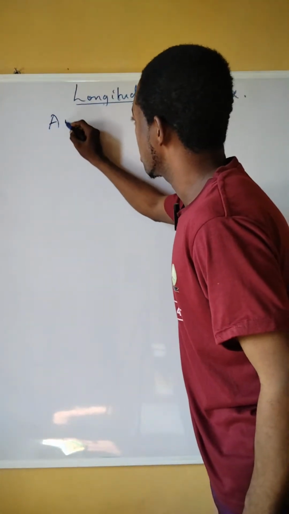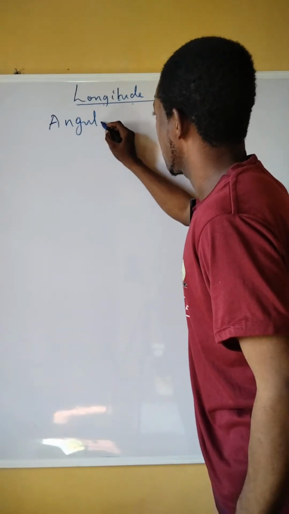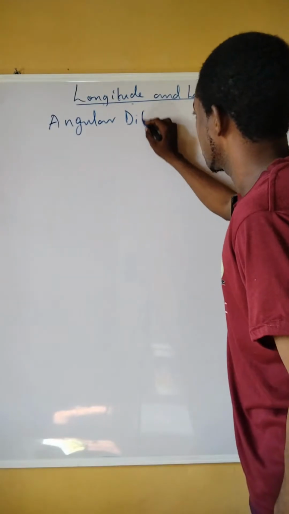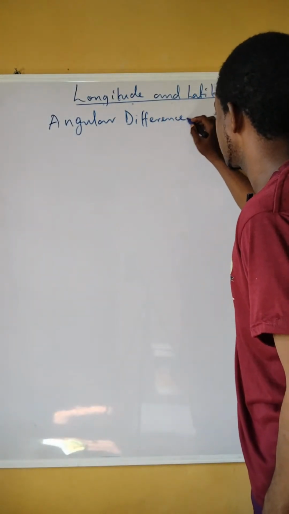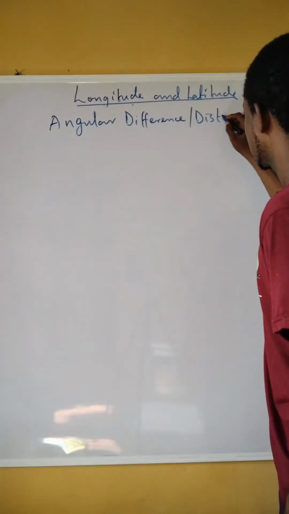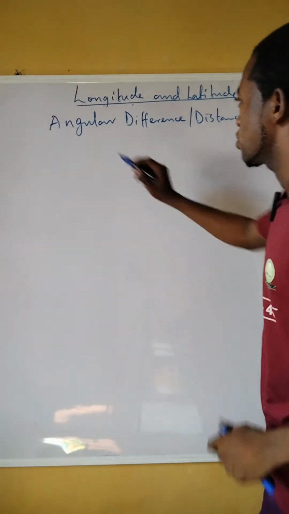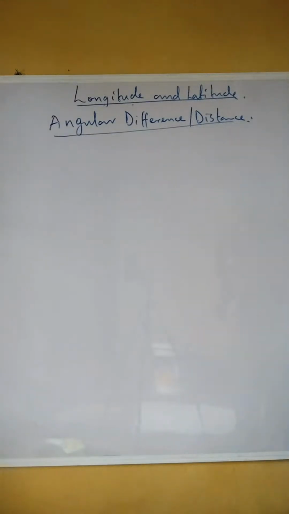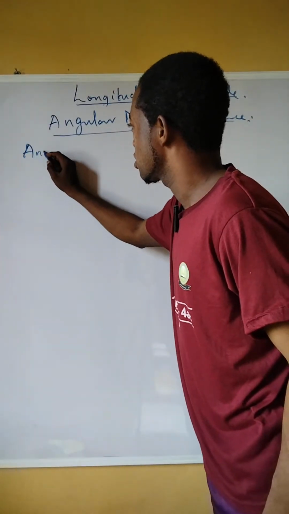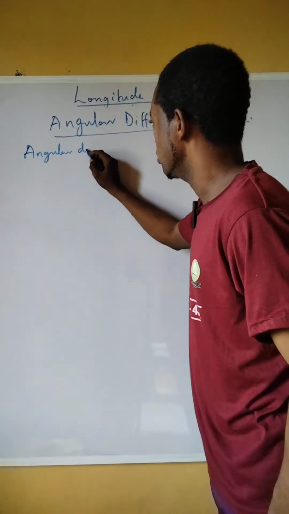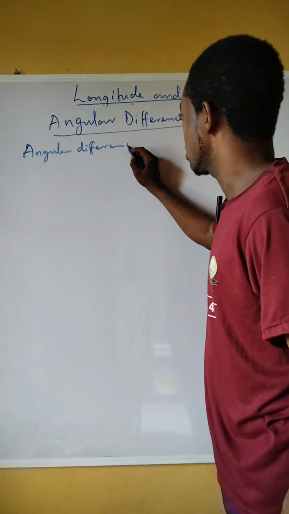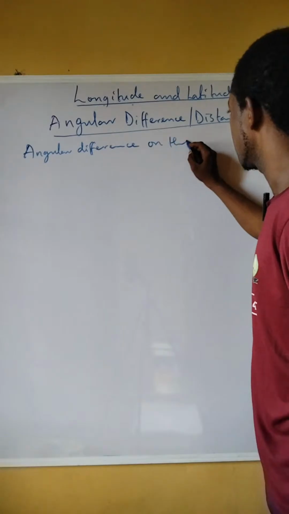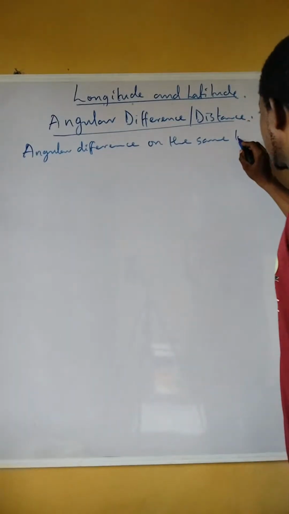We have what is known as angular difference, and sometimes we call it angular distance between 2 points. Now, we can have angular difference on the same longitude.